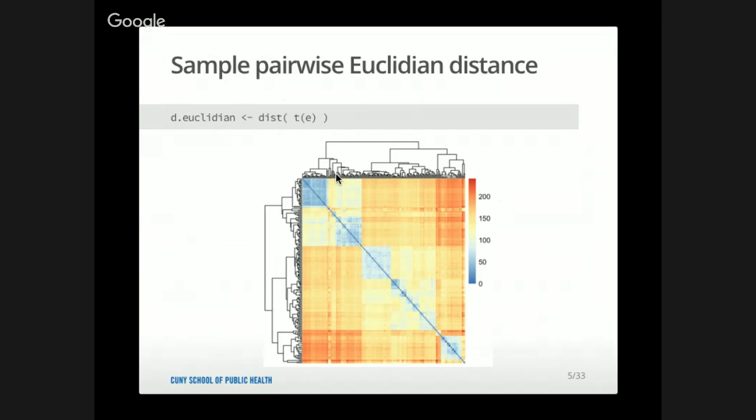And I've used hierarchical clustering here to gather together like samples. You see along the diagonal, these are values of 0 because the distance between a sample and itself has to be 0. And you see groups of pretty similar samples with very, very small distances relative to other tissues.